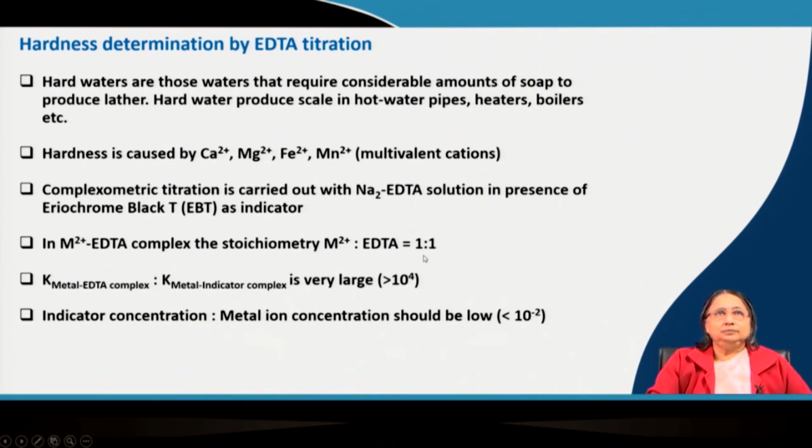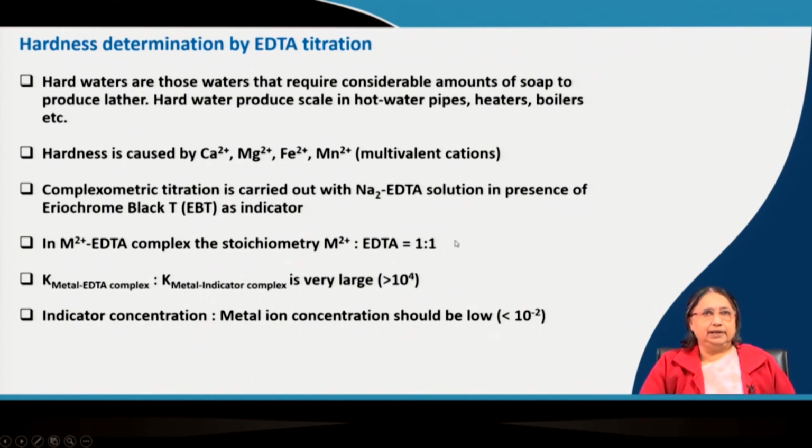Okay. Now, for calculation, we need this thing. Okay. Anyway, so now my question is why it is breaking that metal ion indicator complex? It is breaking that complex because the metal EDTA complex is much more stable. So, whichever is more stable, that will be formed.